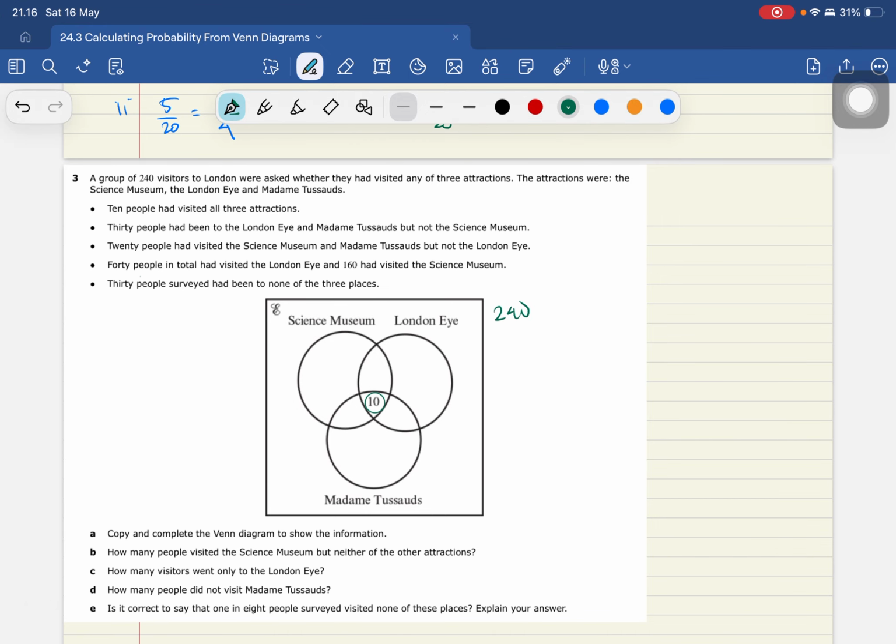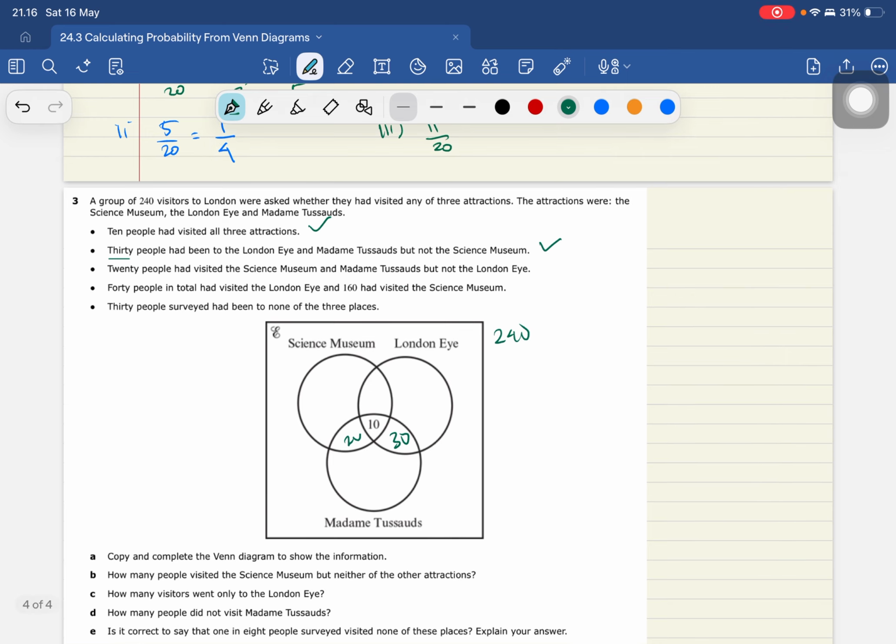And then 30 people had visited the London Eye and Madame Tussauds but not the Science Museum. So we write 30 here. The third piece of information, 20 people had visited the Science Museum and Madame Tussauds, but not the London Eye. So this is 20.